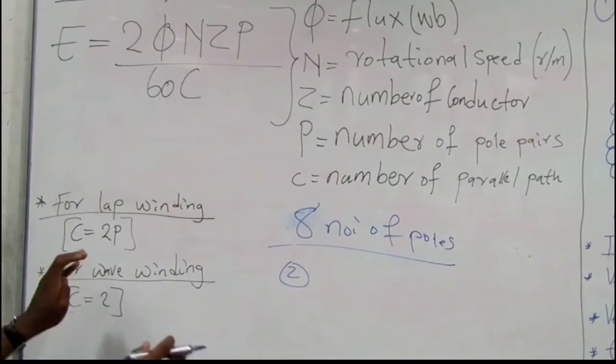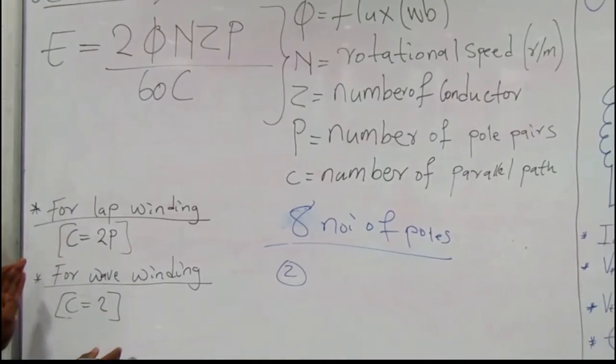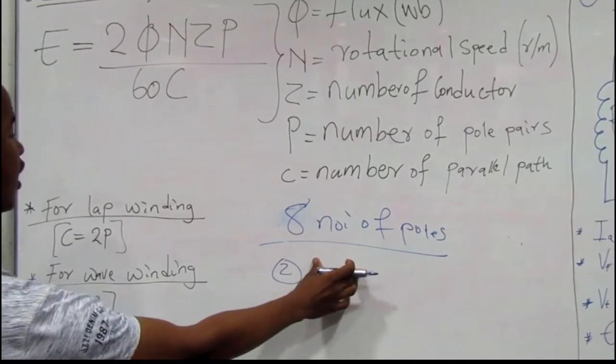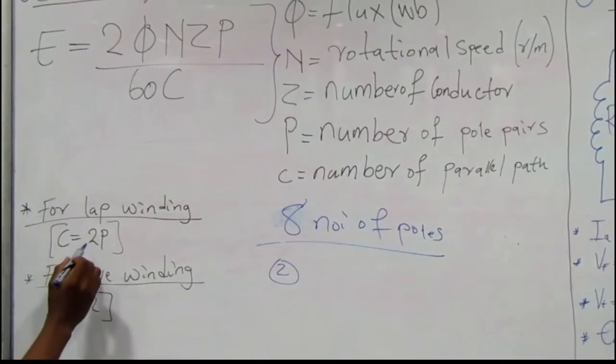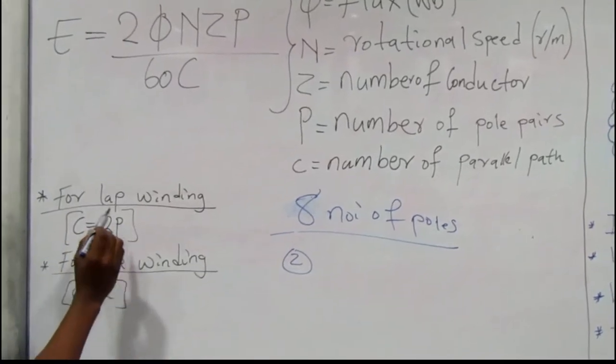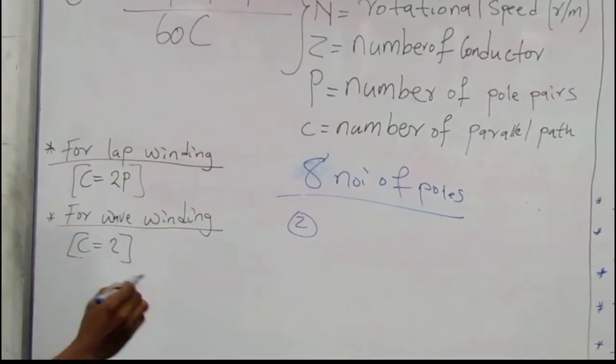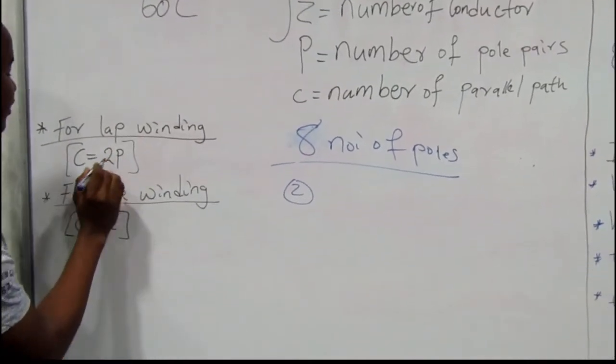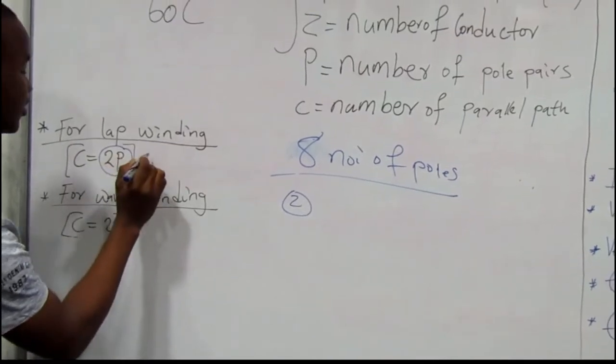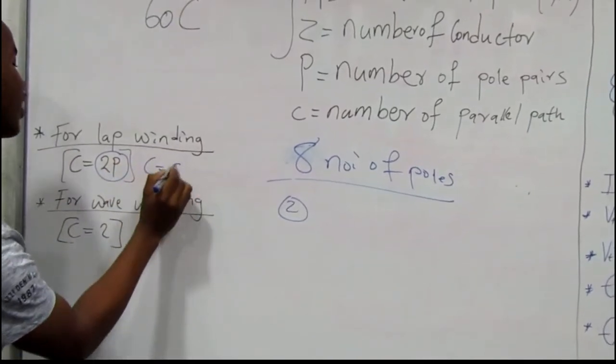But when it comes to C, where they say 2 times P, and P is the number of pole pairs, not the number of poles, if you are given a number of poles and you want C, you can just substitute the 8 and say C is equal to 8. Or, it's up to you whether you want to divide the number of poles by 2 so that you get 4. Then it becomes the number of pole pairs. When you substitute the number of poles directly, you don't include the 2. You just say C is equal to 8.